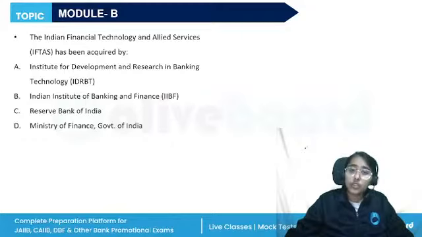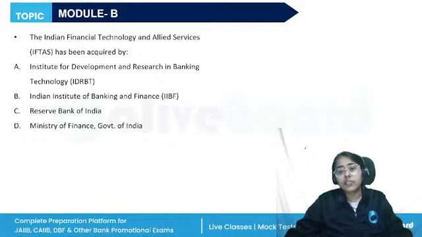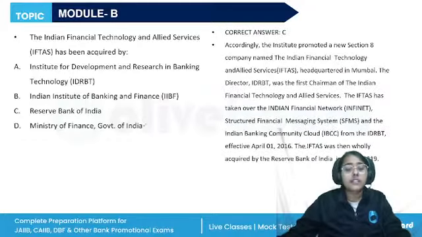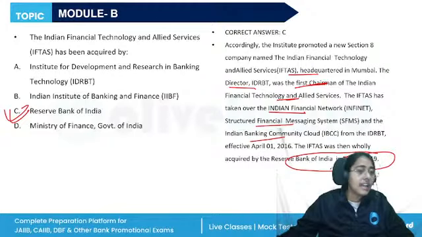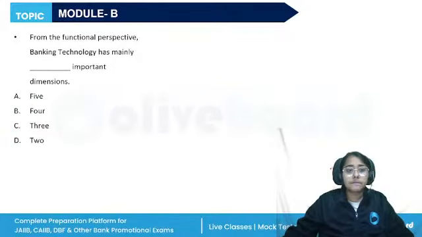Monitoring of these institutions should not be given to the IDRBT. So the IFTAS was set up. And later on, IFTAS was taken over by Reserve Bank of India. IFTAS, headquartered in Mumbai, the director of IDRBT was the first chairman of IFTAS. IFTAS has taken over Infinet, SFMS, and IBCC from IDRBT, and then it was wholly acquired by RBI in March 2019. So it has been taken over by RBI.